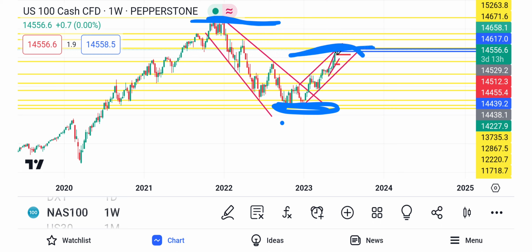After I identify those two, I then identify the areas where, when the market reaches them, it reverses or shows certain movement. That is why you are seeing a lot of resistance and support lines on the chart. It's because I'm identifying all the sensitive areas, guys.